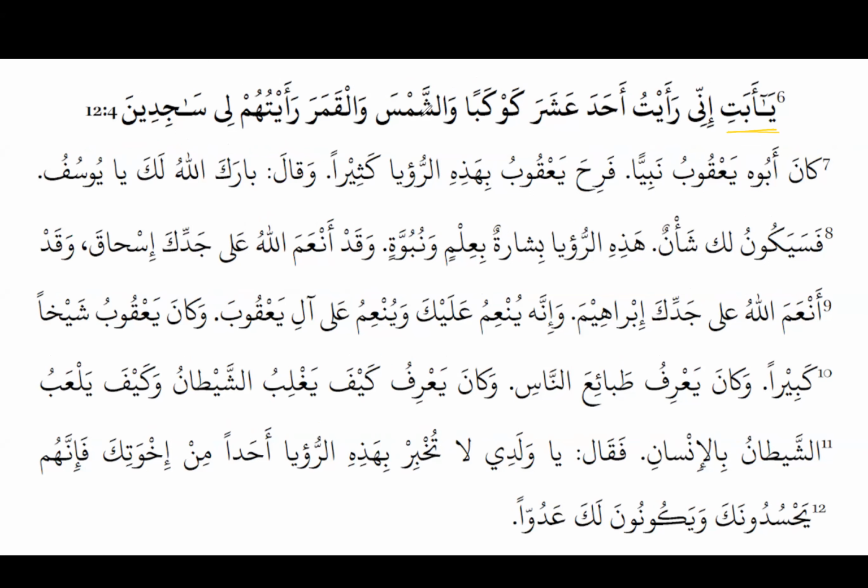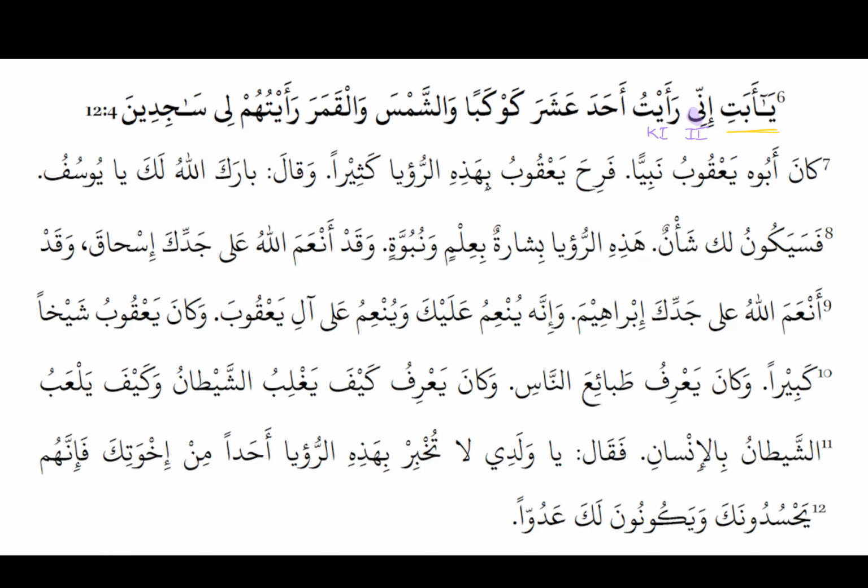Then we have Inni ra'aytu ahada ashara kawkaban. So Inni, we have Inna, so we need to have our ism Inna and our khabar Inna. The Ya here is our ism Inna. Inni, indeed I. Ra'aytu is then the jumla, the fa'il, it's a jumla fa'liya, that is our khabar Inna. Ahada ashara.